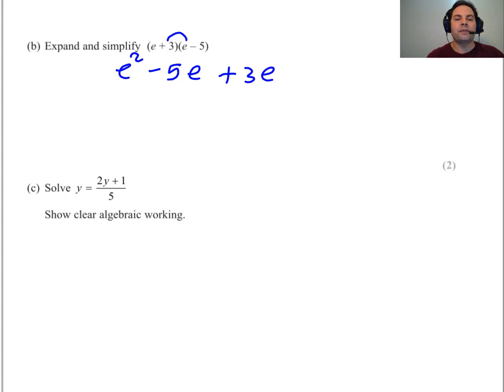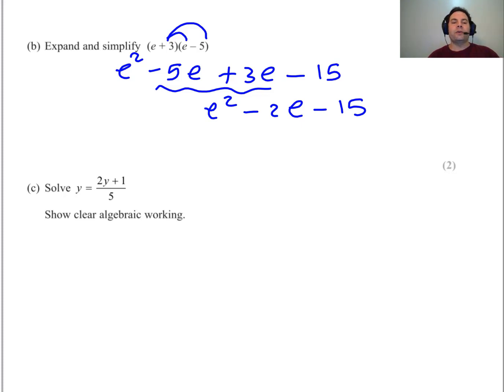And 3 times negative 5 is negative 15. Then simplify. We have here like terms, so you can find e squared minus 2e minus 15. Or you can write it directly, first times first, second times second, outer and inner.